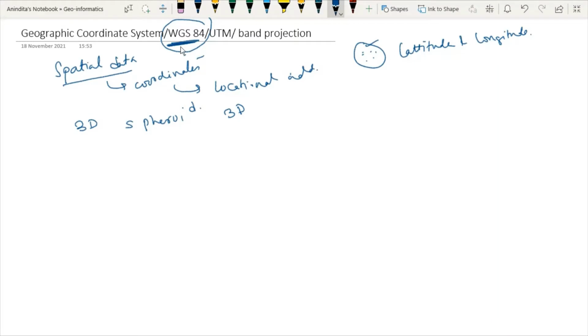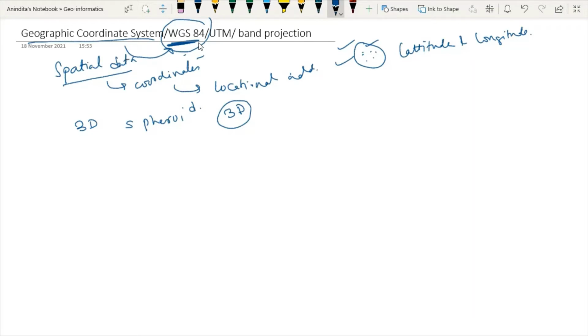Whenever we are talking about the Earth and its location, we know that this spheroid always depicts one 3D coordinate system. This 3D coordinate system is known as the geographic coordinate system, and WGS 84 is one important example of it.